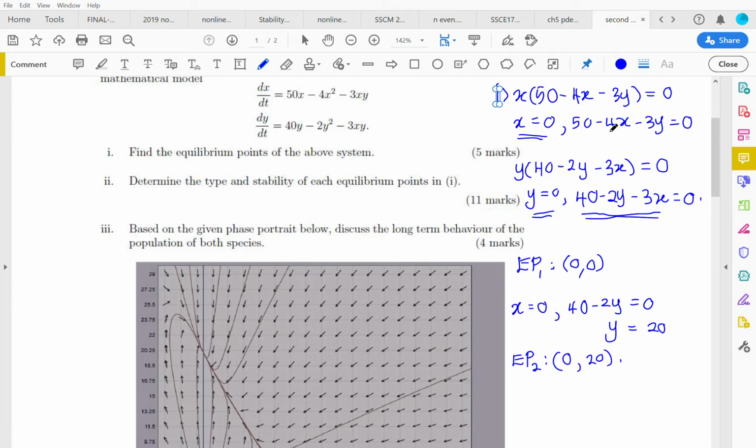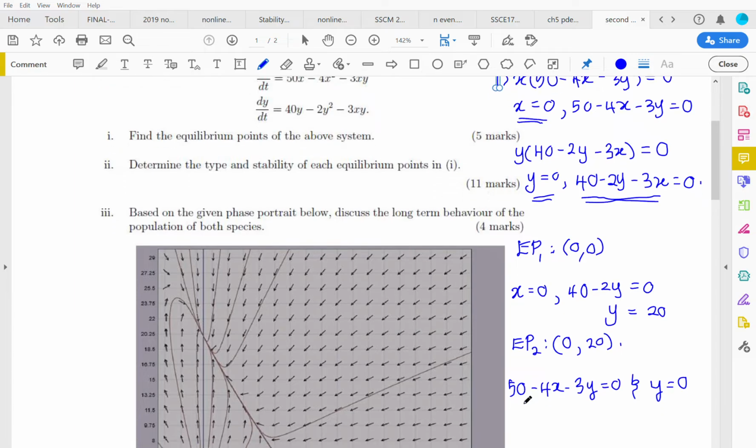Now we can also pair from the first equation. We have this expression, which means we can pair it with this, and we can also pair this with this. So there will be four equilibrium points. If I pair 50 minus 4x minus 3y equal to 0 with y equal to 0, I will get the third equilibrium point.